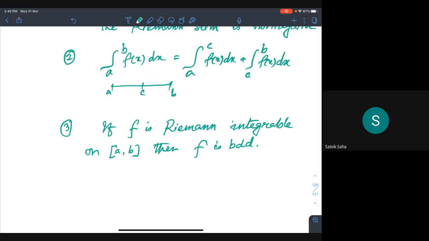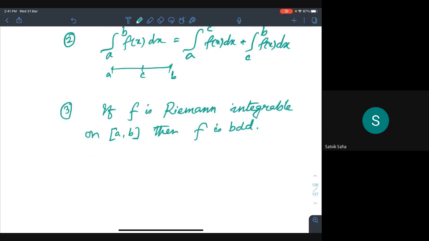Since you look at a partition, each part of the partition will have this property: your capital M_i and small m_i must be finite numbers, and now you have finitely many parts, so that gives you that f has to be bounded. If the upper sum is equal to the lower sum, and of course these are not infinite, then f has to be bounded. All right.